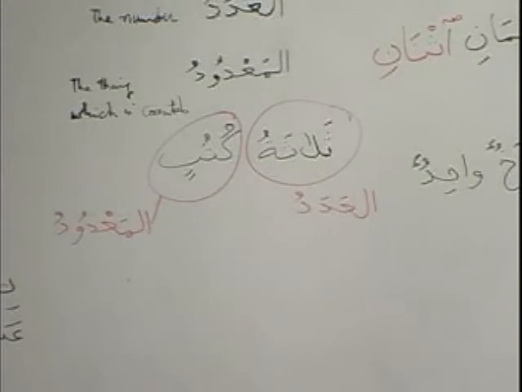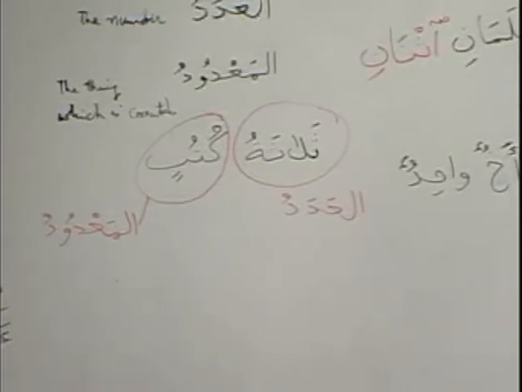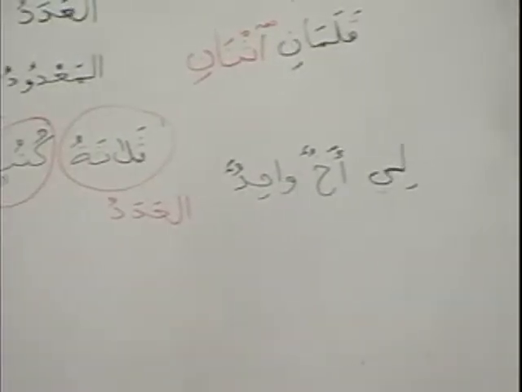Is it correct? Brother Abdul Samad, Ma'dud is mudaf ilayhi. And what is it? Is it singular or plural? Kutubin. Plural. So in other words, Ma'dud will always be plural. But only from 3 to 10.